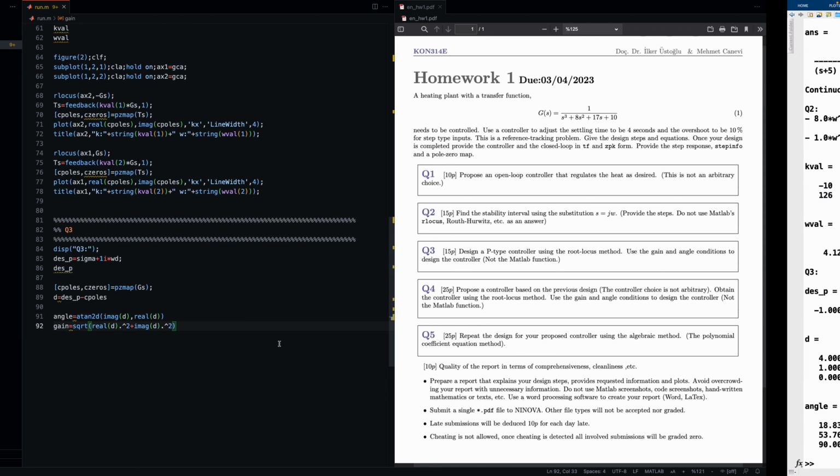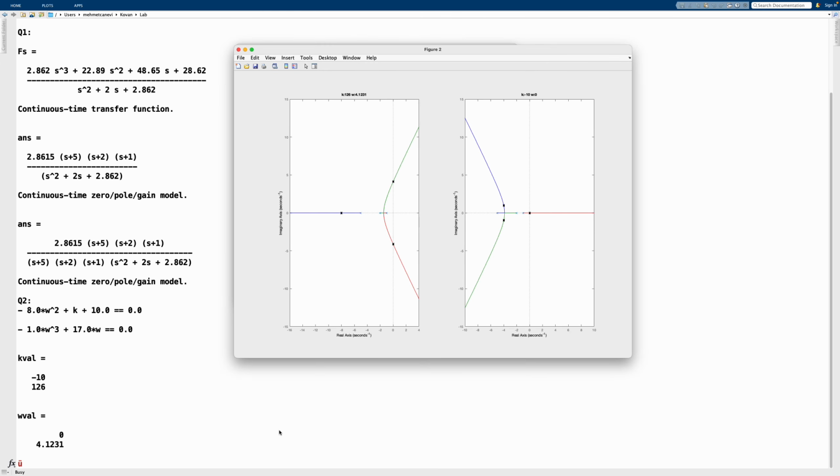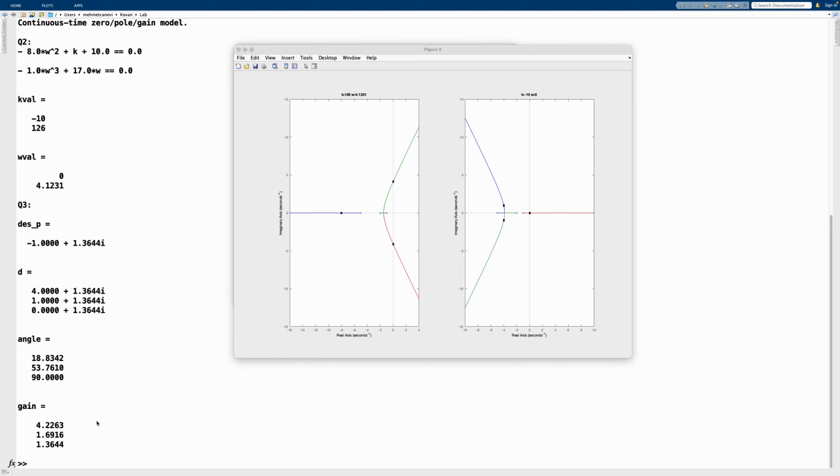So as you can see, instead of writing down 4 plus 136.44j, we could say 4.22 at 18 degrees, 169 at 53 degrees, 136 at 90 degrees. So this is kind of what we're trying to do here.